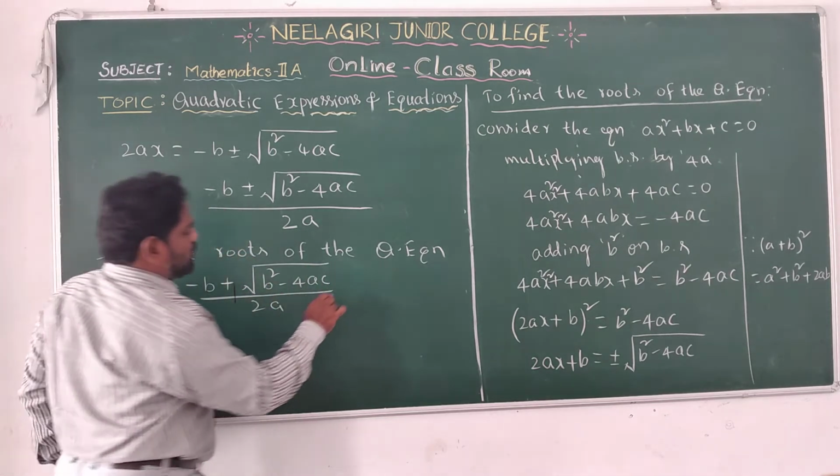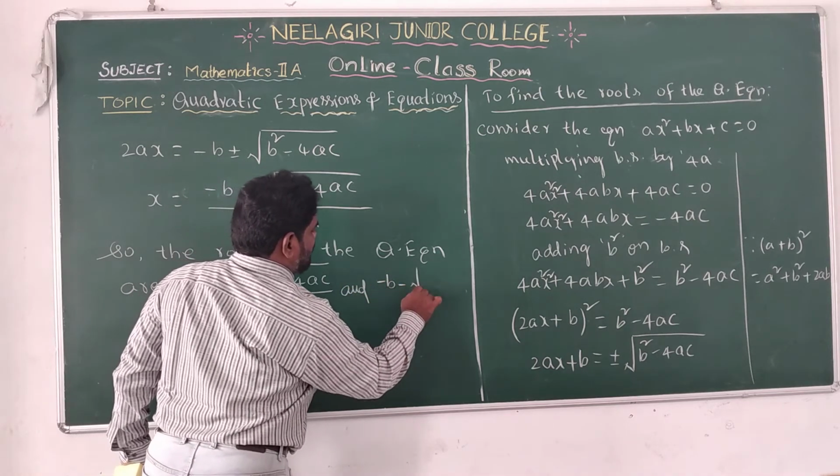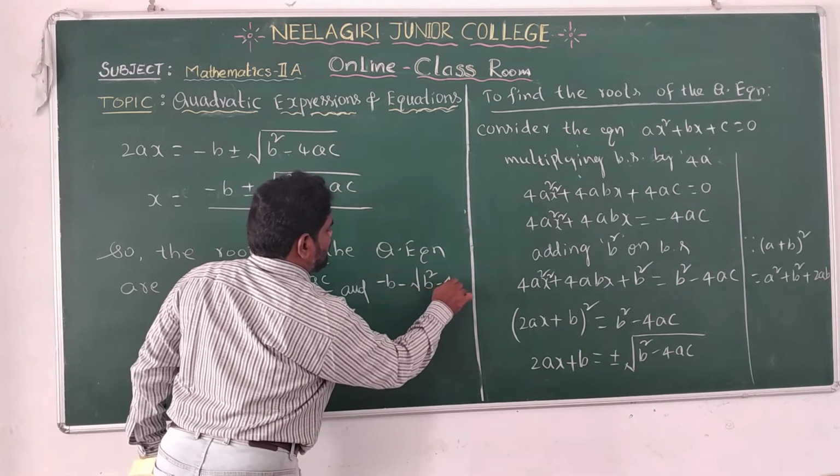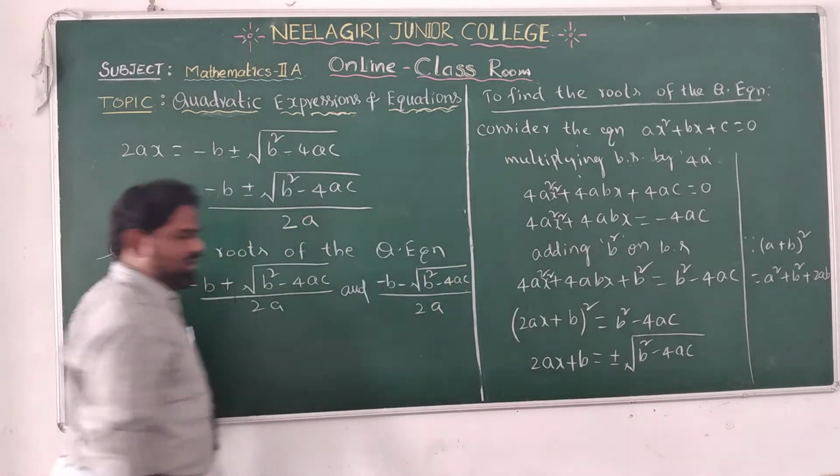The other root is minus b minus root b square minus 4ac by 2a.